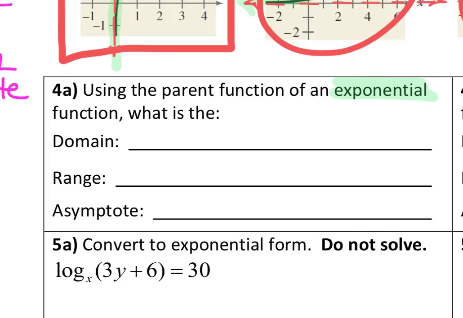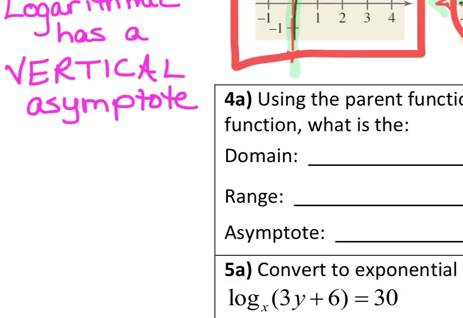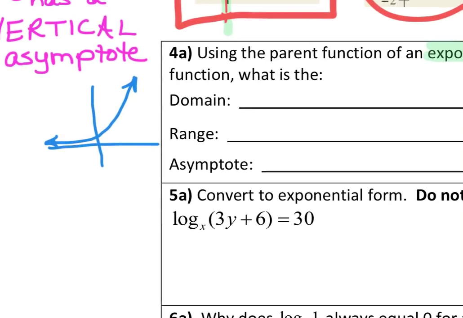What you're kind of picturing there for the exponential function is that the graph would look something like this, the parent graph of an exponential function. And so your domain is always going to be all real numbers, and the range, because notice that you don't have any y values down here.